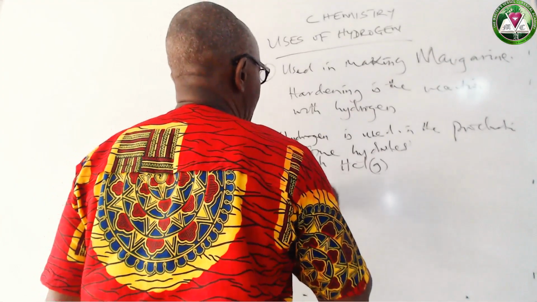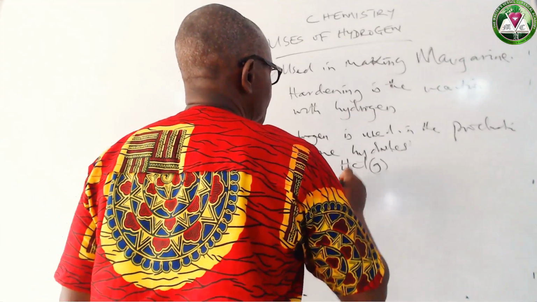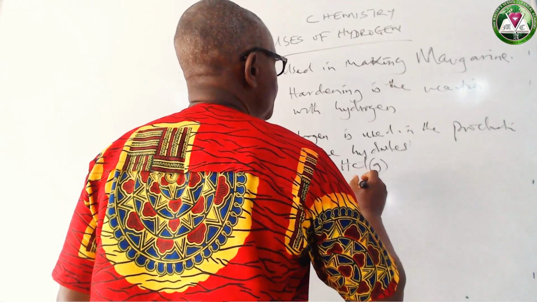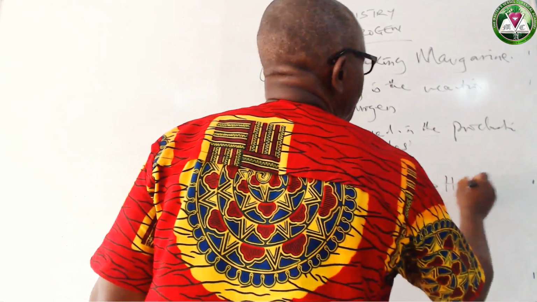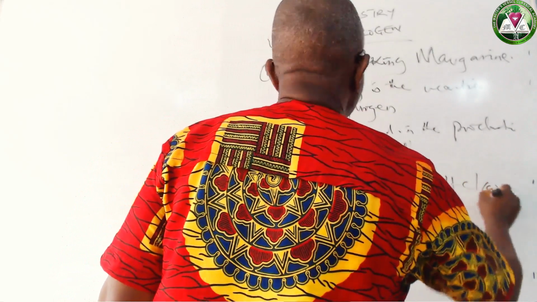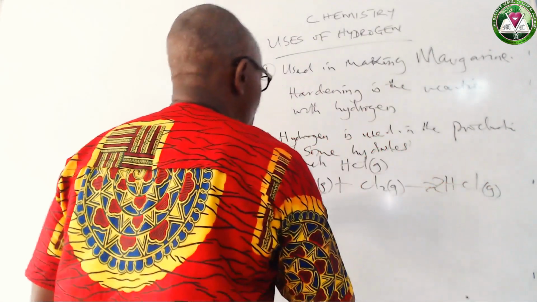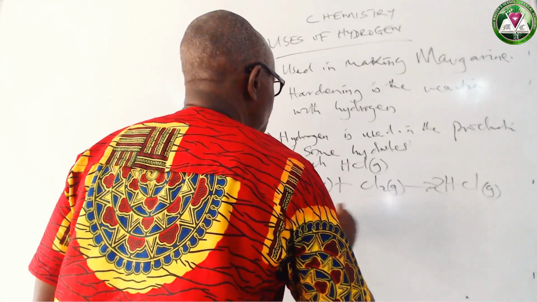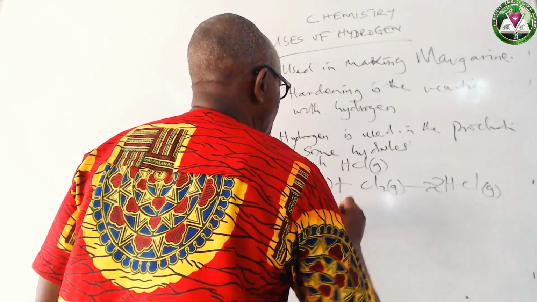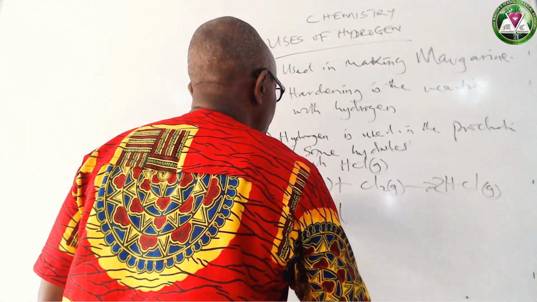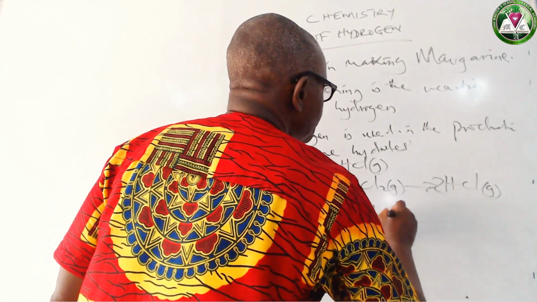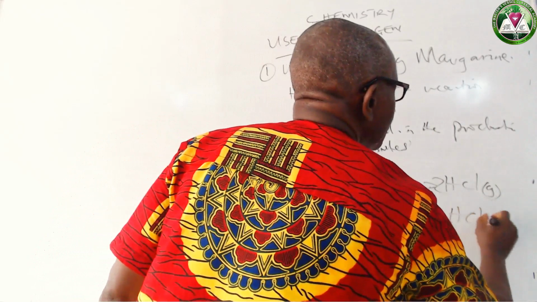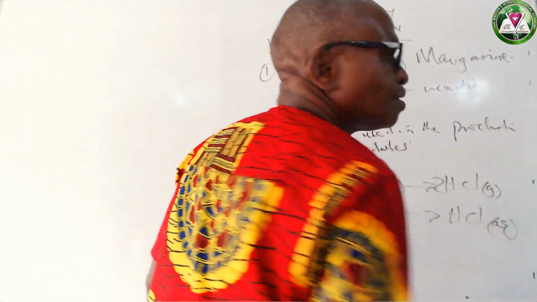Therefore, you can have hydrogen gas reacting with chlorine gas to give you hydrogen chloride gas. And when you now dissolve the hydrogen chloride gas in water, you have your HCl aqueous.